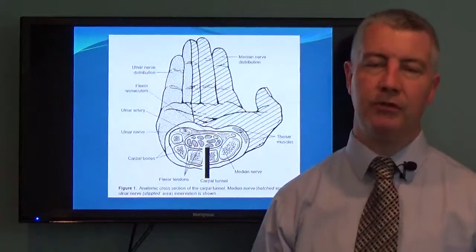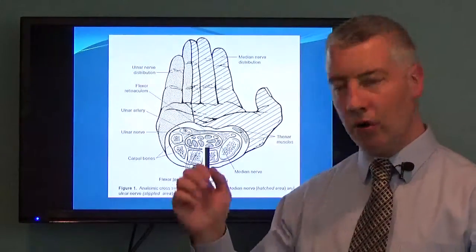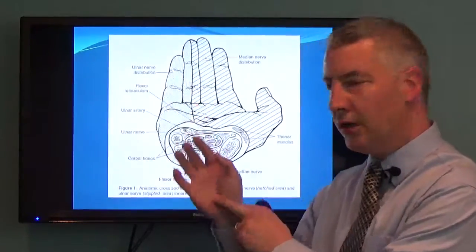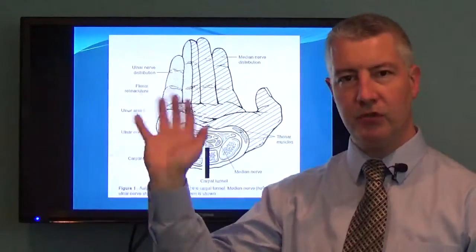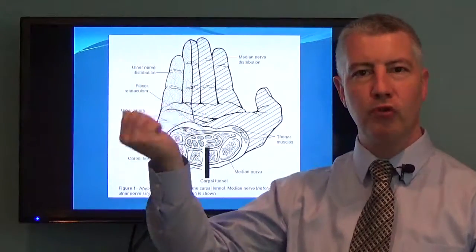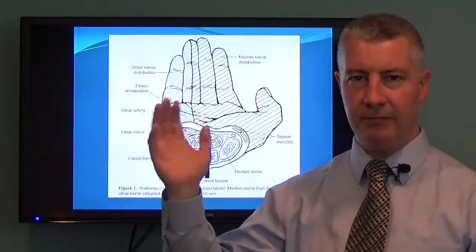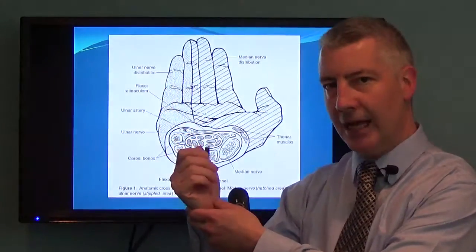Oftentimes what's happening with carpal tunnel is repetitive stress injury causes these carpal bones to drop or fall forward and move out of position. You see, your wrist is one of those joints that moves really well. So because of that motion and that ability to move, it also has the ability to misalign.